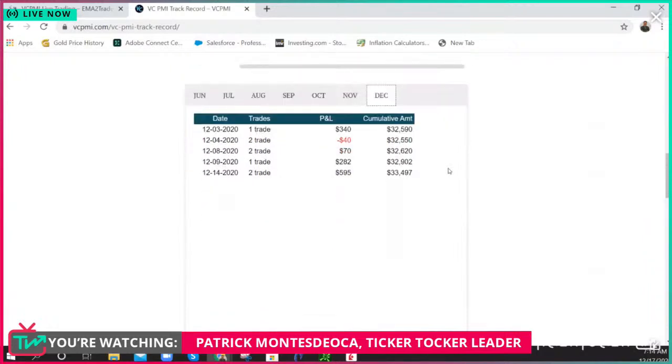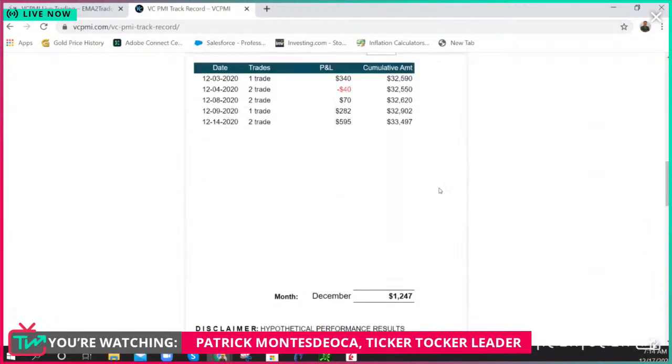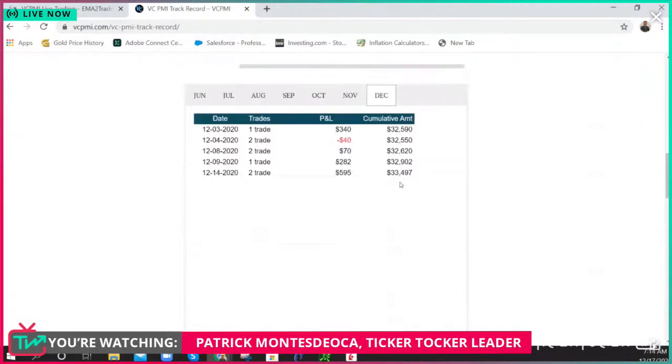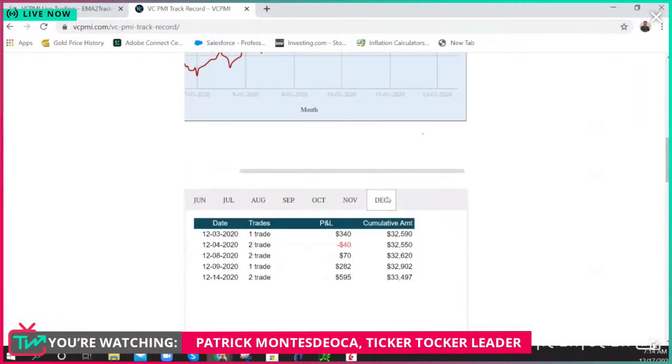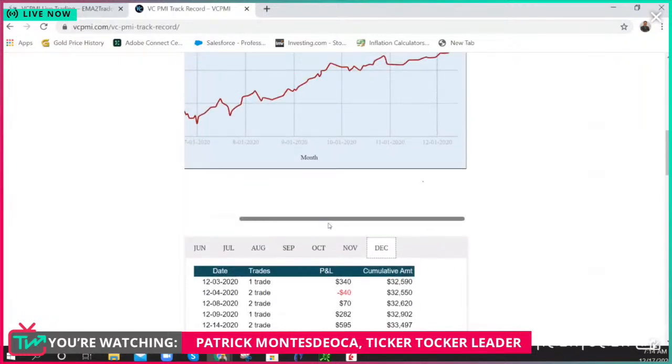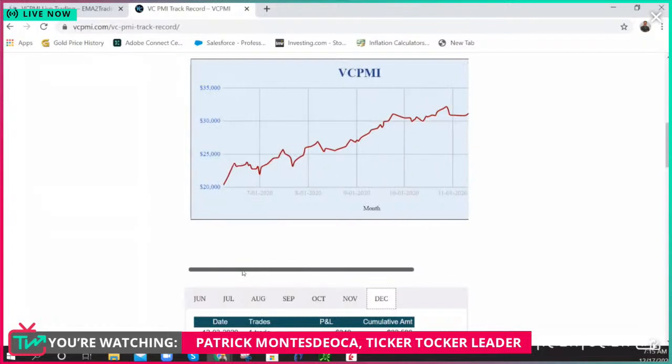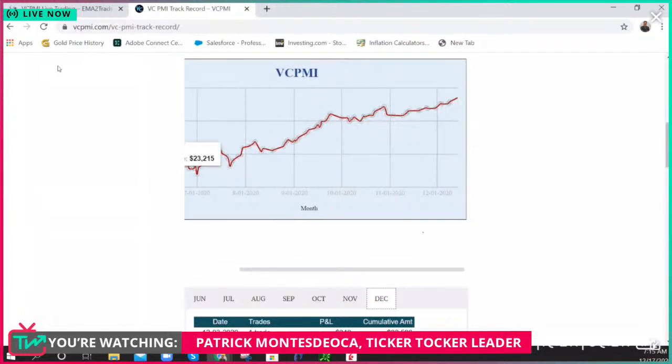So far for December, we are up about $1,300, and the total balance on the account is $33,497, and this initiated trading with a $20,000 account. So this program, which is one of many that we have, is up 68% in 6 months. And it's real trading, and it's traded and executed by a designated broker.